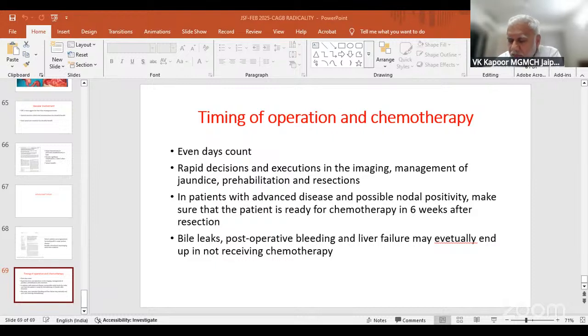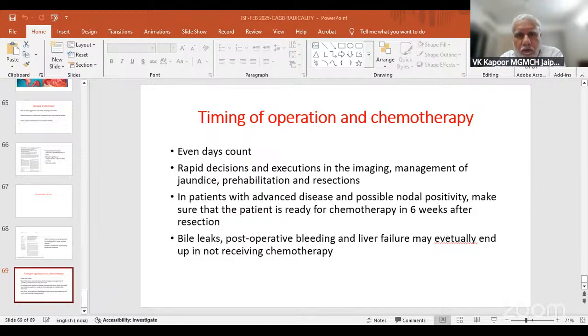But as I mentioned earlier, I am yet to see any report of HPD or an extended lymphadenectomy or a vascular resection showing a significant number of long-term survivors even after an R0 resection is achieved. So we probably need to wait for that evidence to come.